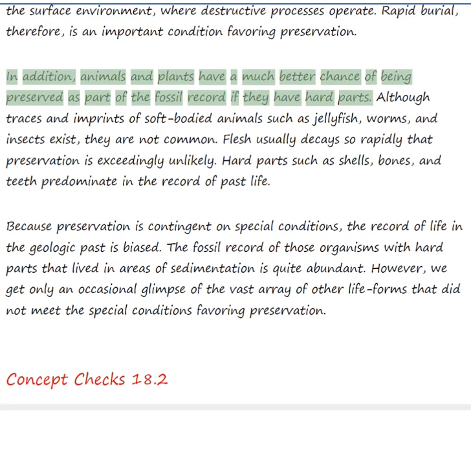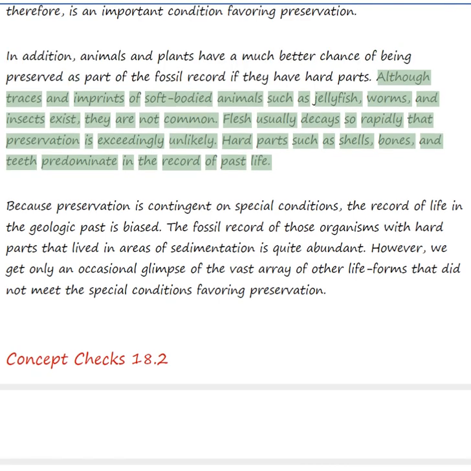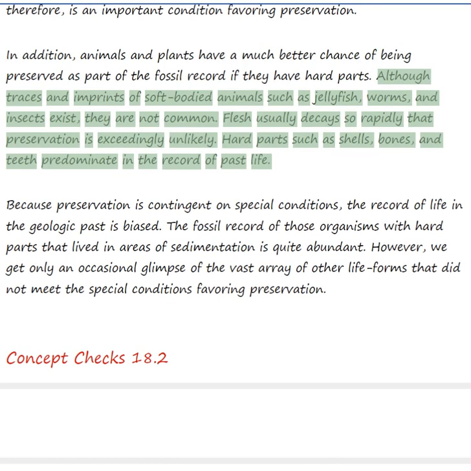In addition, animals and plants have a much better chance of being preserved as part of the fossil record if they have hard parts. Although traces and imprints of soft-bodied animals such as jellyfish, worms, and insects exist, they are not common. Flesh usually decays so rapidly that preservation is exceedingly unlikely. Hard parts such as shells, bones, and teeth predominate in the record of past life.